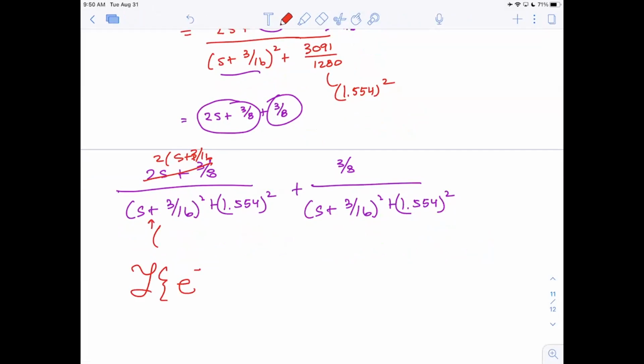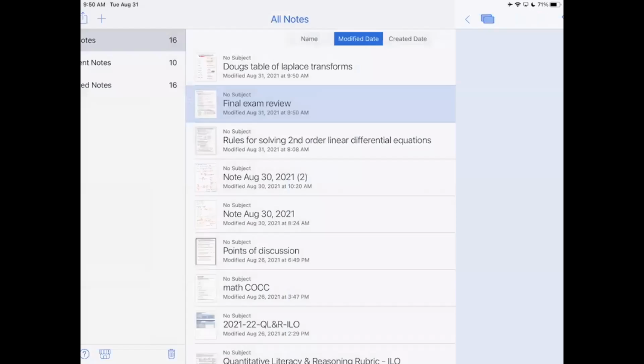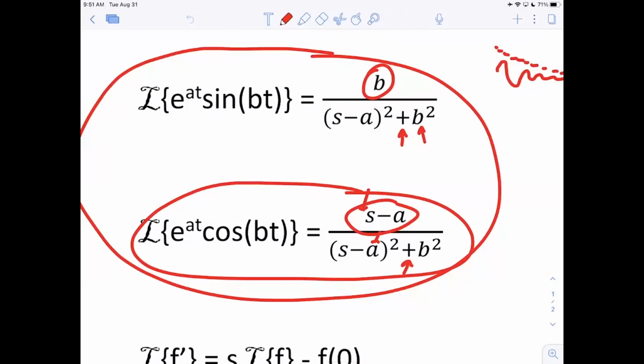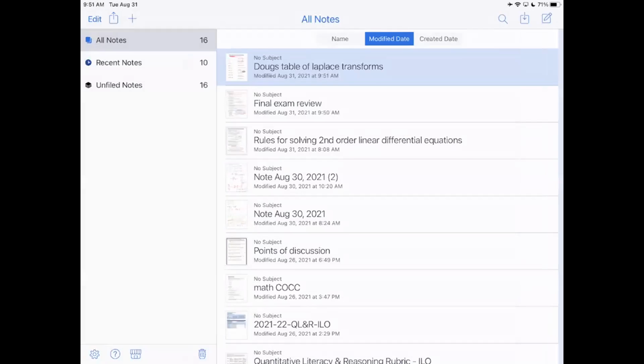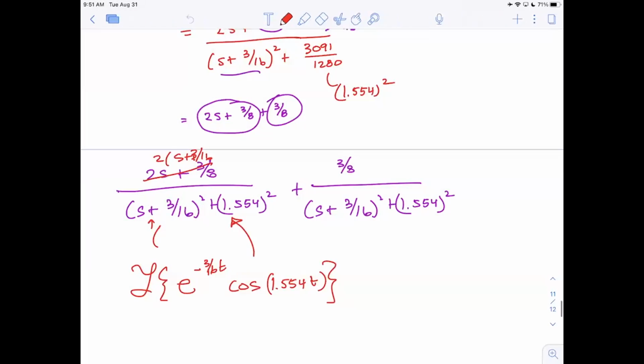So that actually means this is e to the negative 3/16 t, and then the cosine of whatever that other number was, t. I got that in the right form now. Double checking that was a minus sign, right? S minus a, yeah, had to be a minus sign. So I have to think of that as being the opposite sign. Okay, cool.